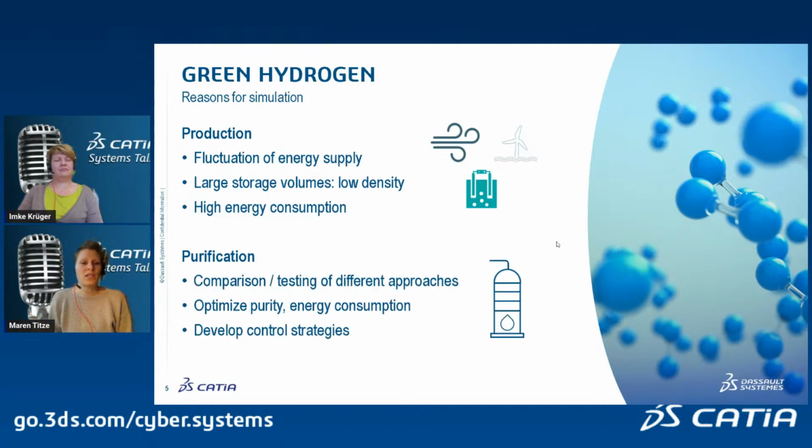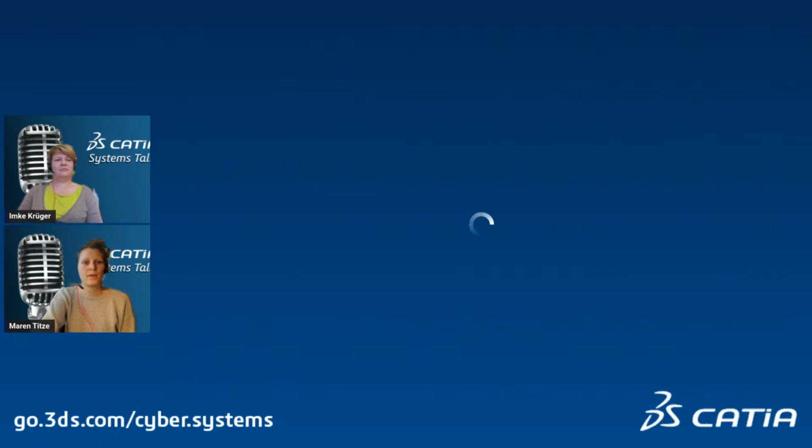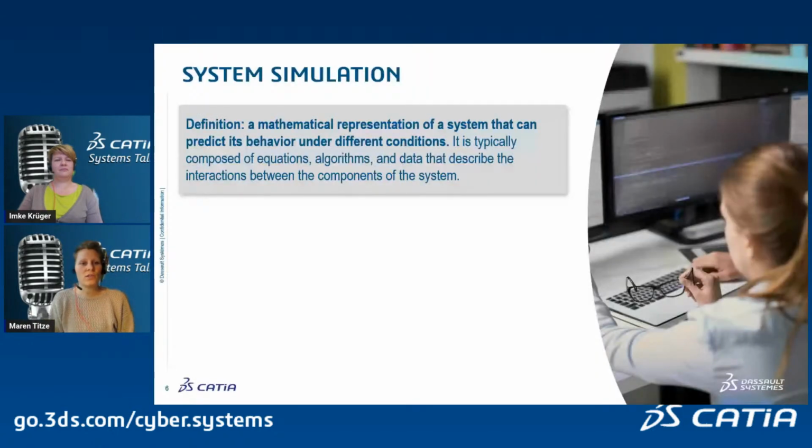On the purification side, we can, for example, compare, set up, or test different simulation approaches and different systems. We can optimize the purity and the energy consumption, and we can develop control strategies. And now I hand over to my colleague Imke.